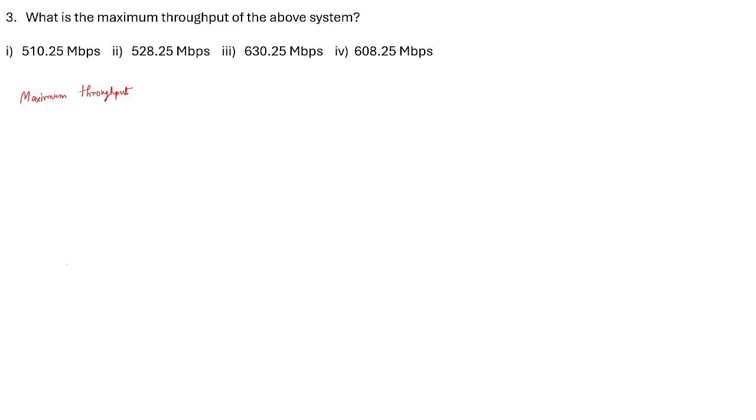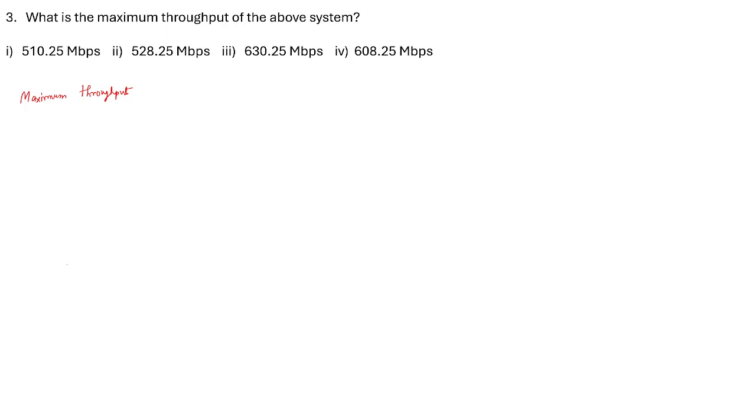You are focusing entirely on robustness. Your entire goal is to increase reliability, so you are sacrificing throughput there for reliability. Here, when you are talking about maximum throughput, your goal is completely changed. You are trying to extract as much data as possible. Reliability is not your concern here.